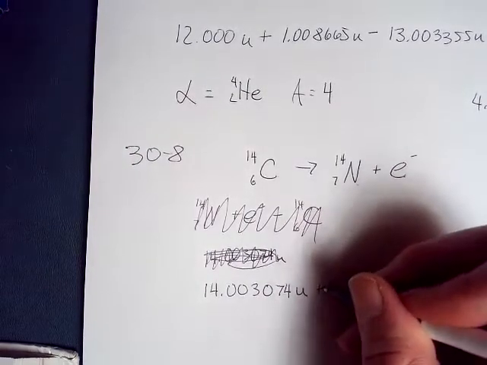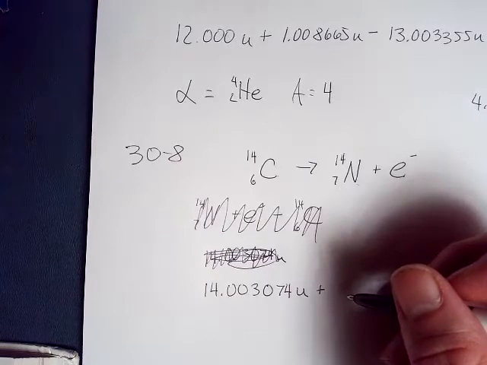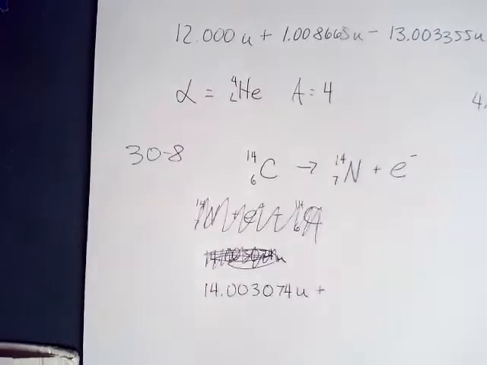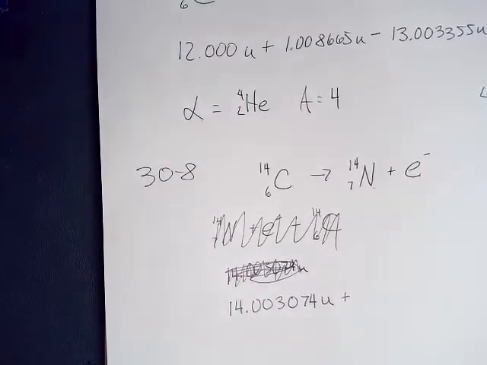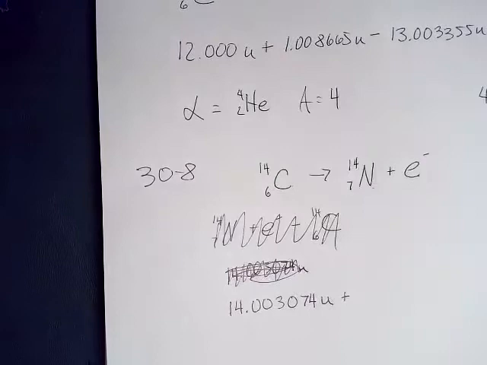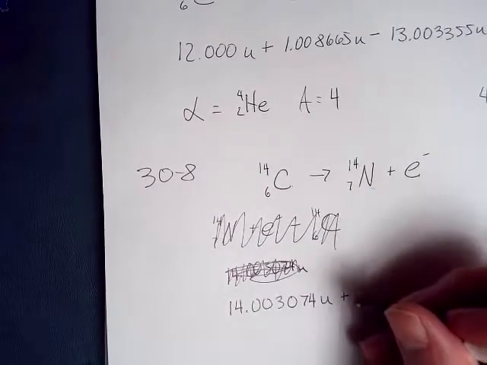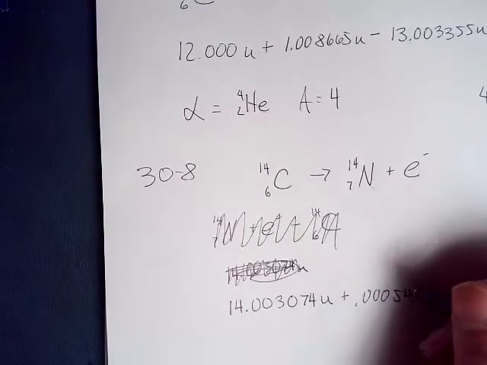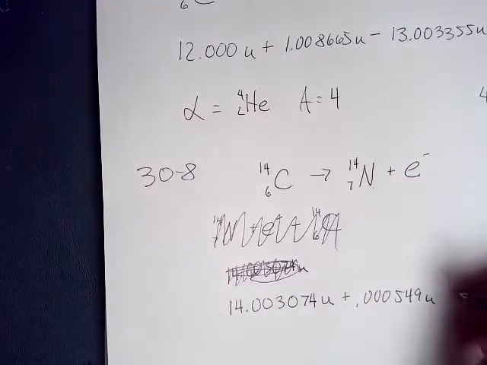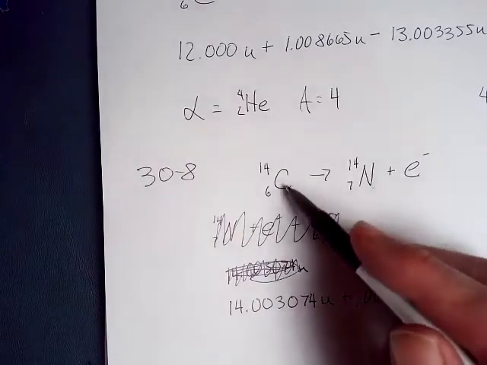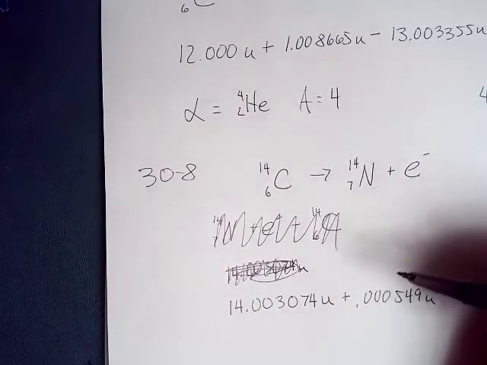That plus the mass of the electron. Let's see, where's that? I have to look in the front of the book here. Okay, mass of electron, 0.000549, minus the carbon 14.